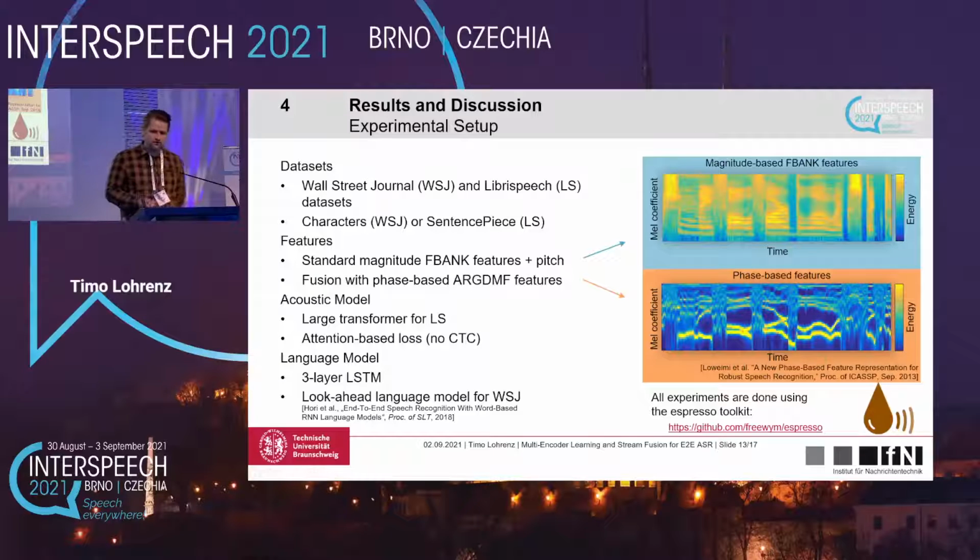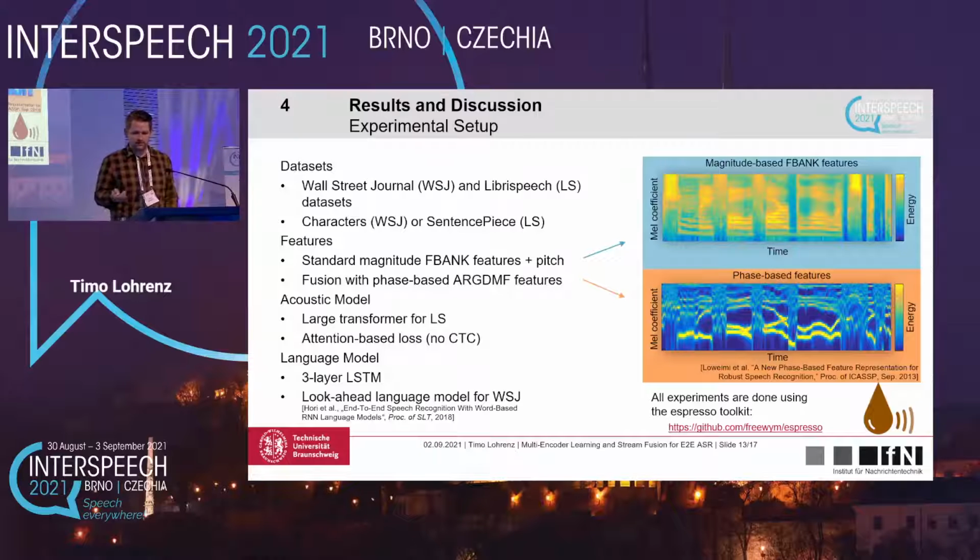As acoustic model, for Librispeech we used a large transformer setup. For Wall Street Journal, it was a bit smaller. And what's important to highlight is that we only use the attention-based loss. So there's no joint training with multitask and CTC loss in addition.